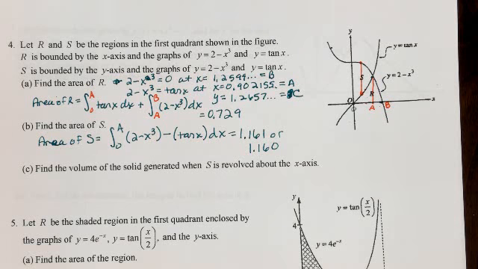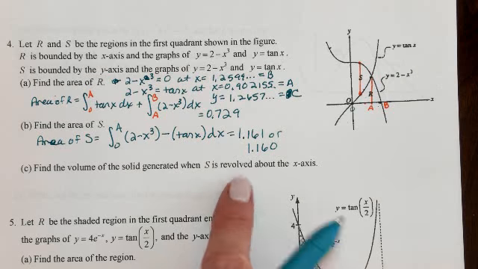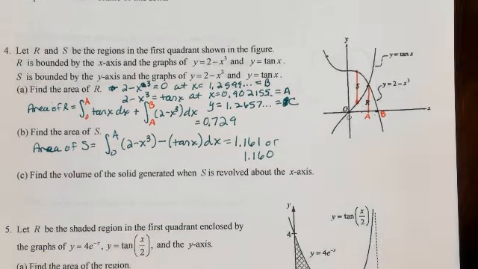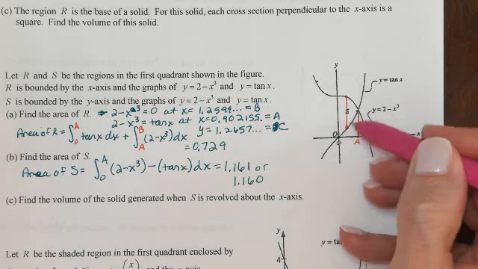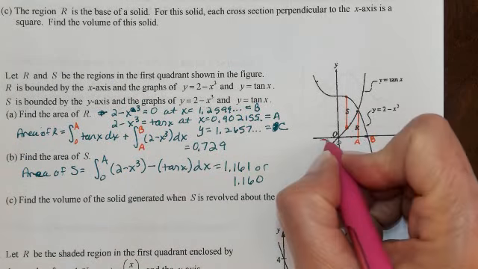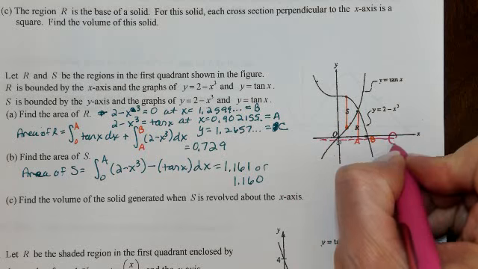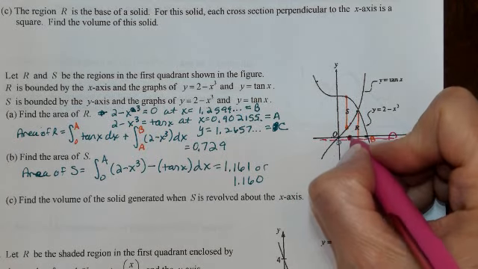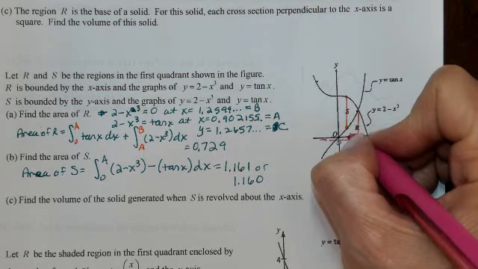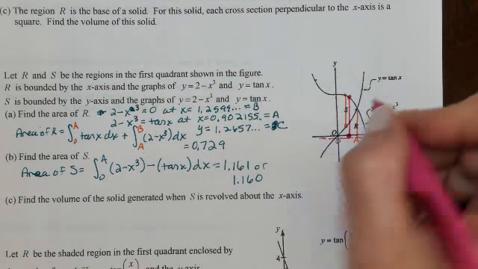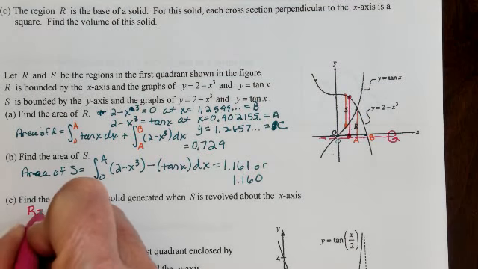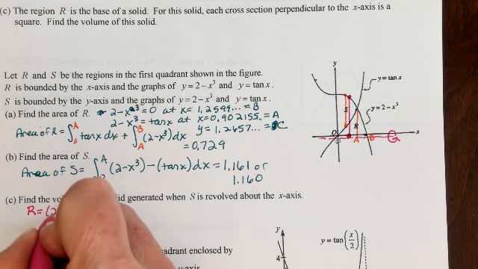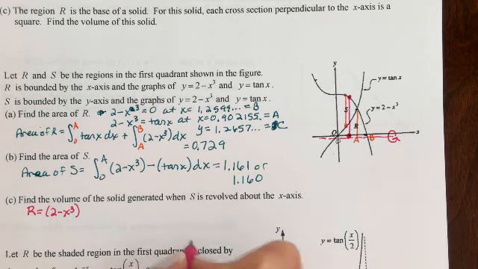Next up, find the volume of the solid generated when S is revolved around the x-axis. So we're taking S here and we're revolving it around the x-axis. Okay? So from the axis of revolution to the far side of your region is your big R, big radius. So that will be 2 minus x cubed minus 0.